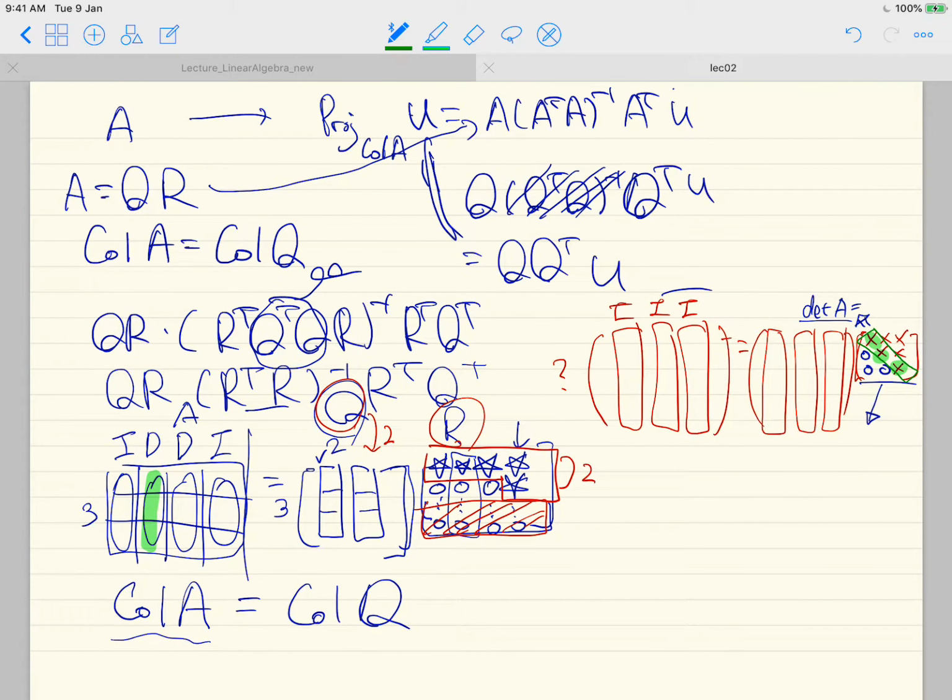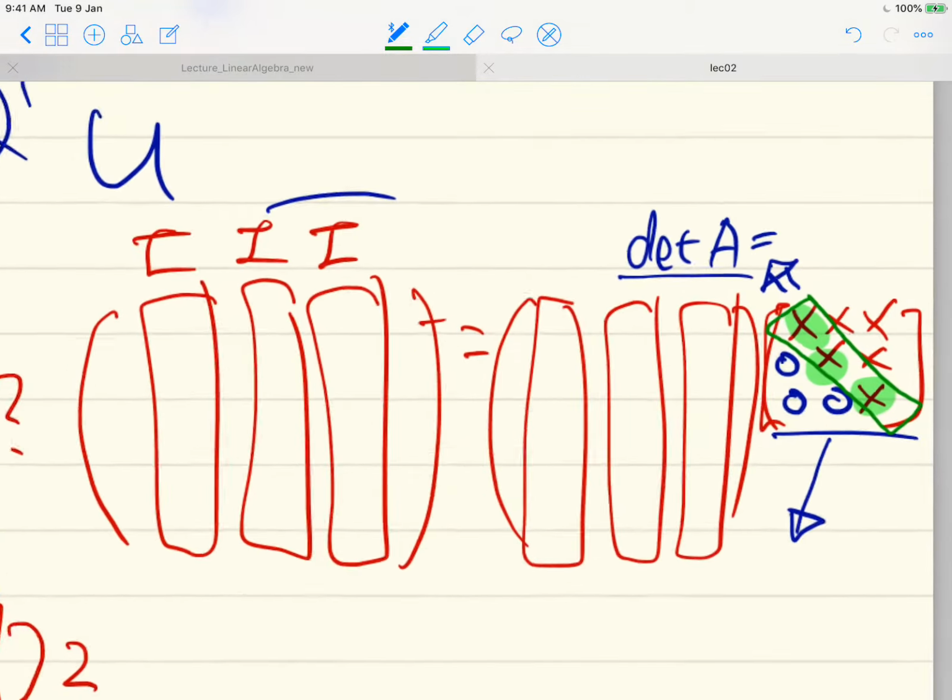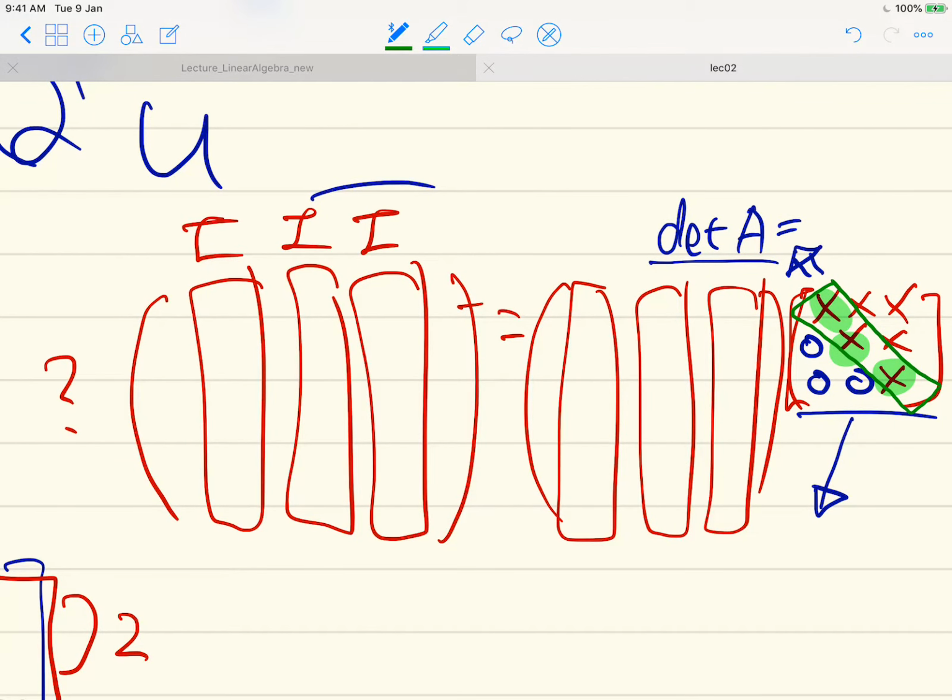So here, my point is, if A has linearly independent columns, then this matrix R is a square matrix, upper triangular, and its diagonal elements will all be non-zero, right?